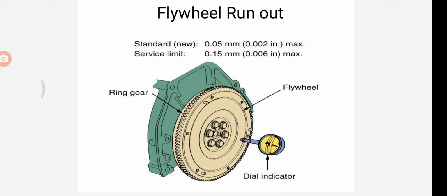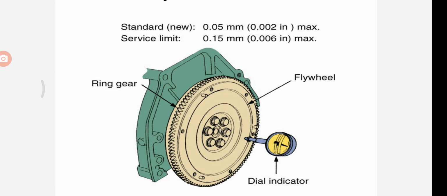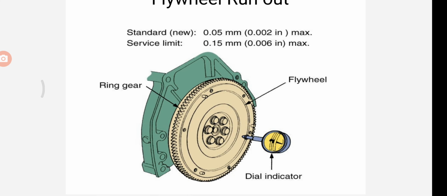So in order to fix it, we have to check the runout. What is the standard? It is 0.05 mm maximum, and the service limit is 0.15 mm. So this is the method of checking the flywheel runout, as you can see in this diagram.